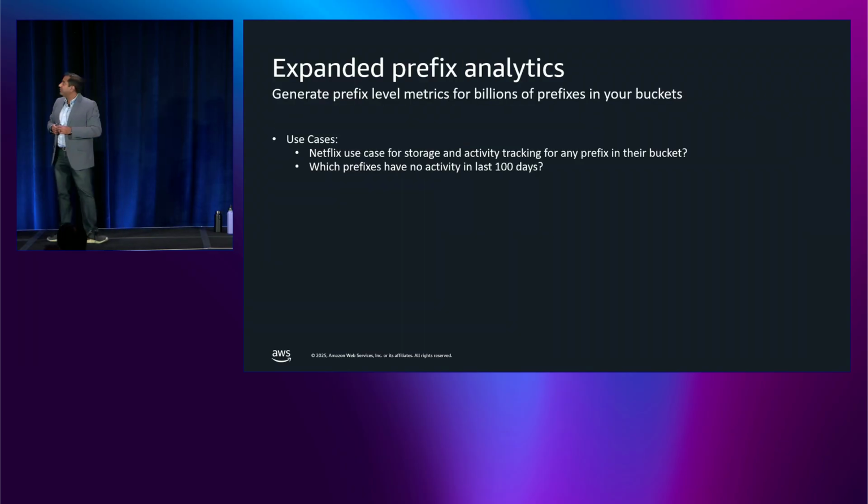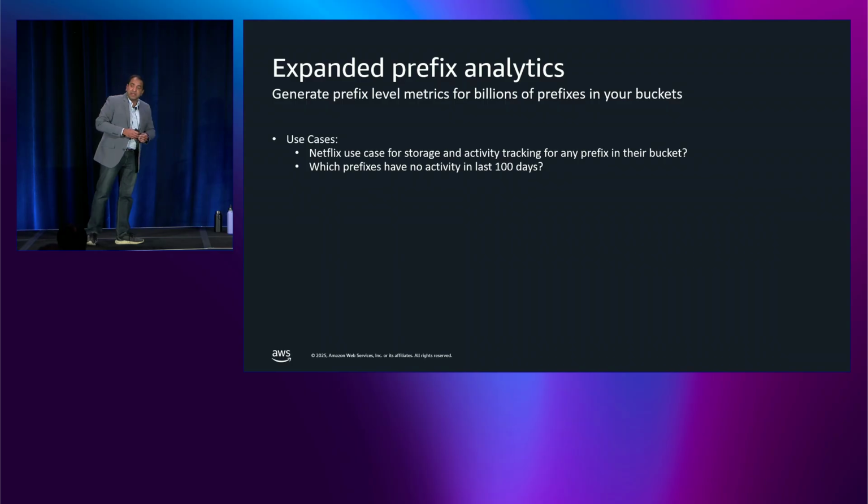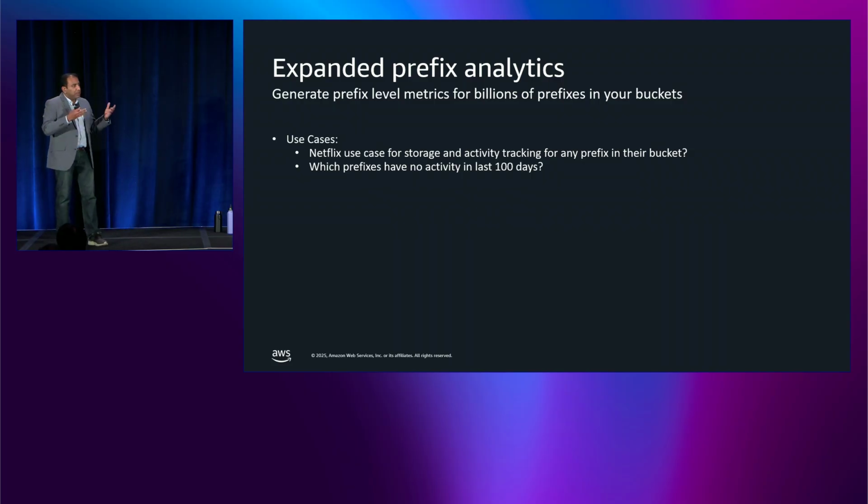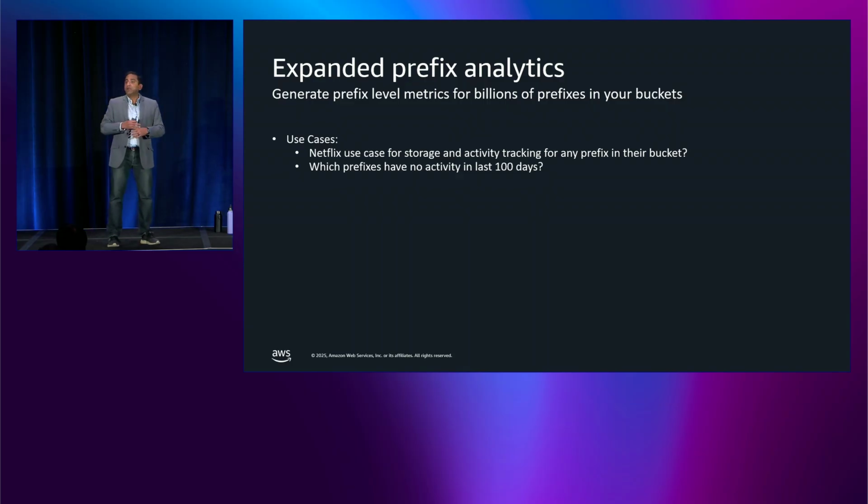First up, we have expanded prefix analytics. We went through this use case where Netflix wants to understand at a prefix level, what is the storage consumed by each prefix, what is the activity, the request cost per prefix. Similarly, we have customers asking questions, hey, which are the prefixes that have had no activity in the last 100 days, right?